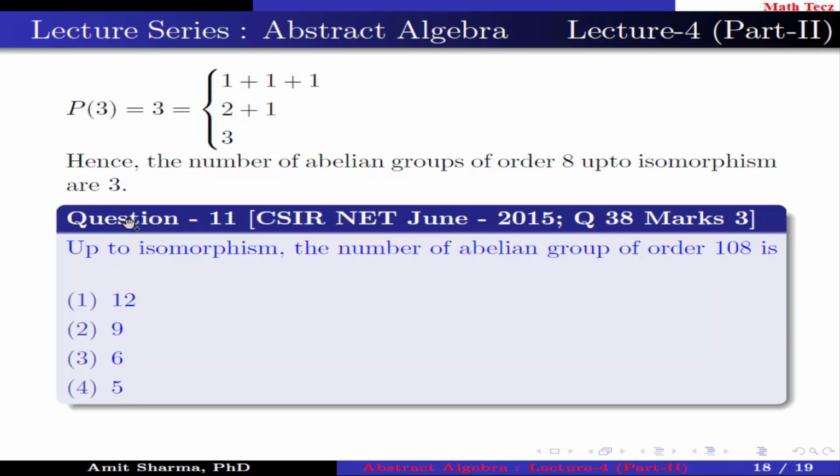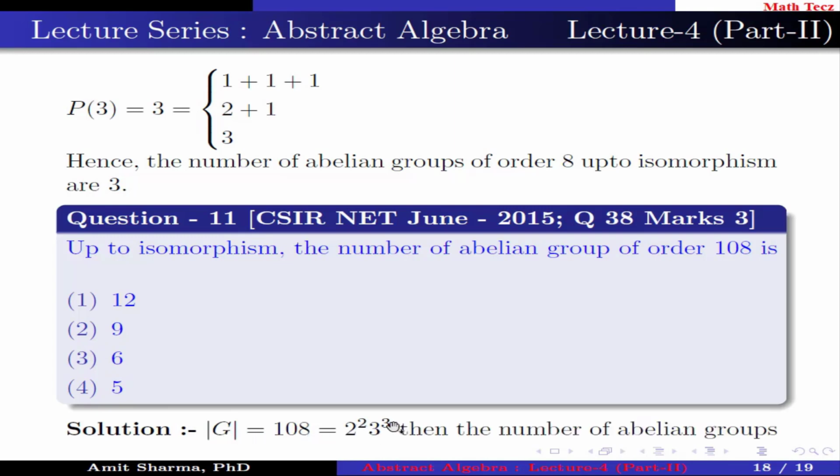Question number 11. This question was asked in the CSIR NET exam in June 2015. Up to isomorphism, the number of abelian groups of order 108 is: option 1, 12; option 2, 9; option 3, 6; option 4, 5. The order of G is 108, which can be written as 2 square into 3 cube.